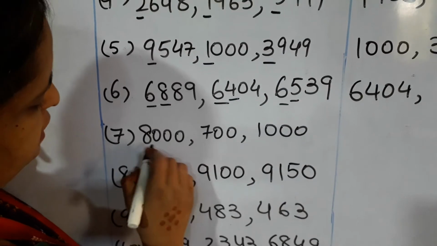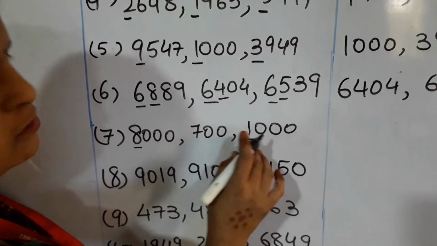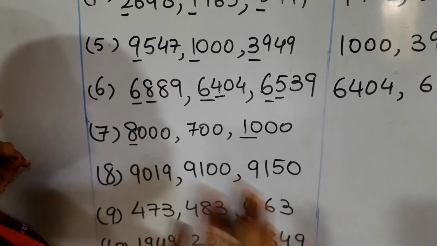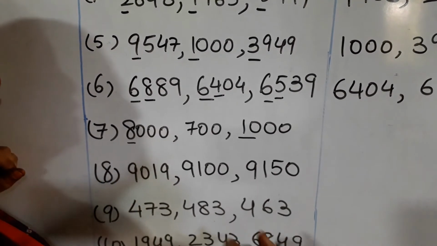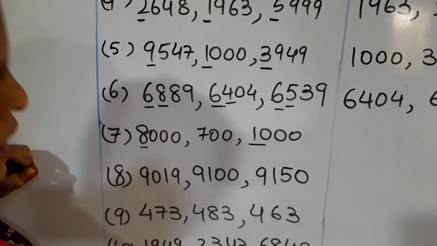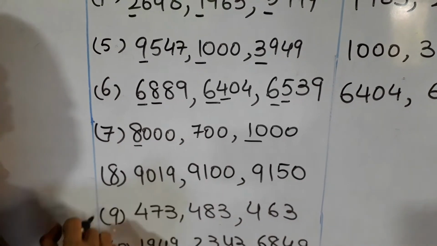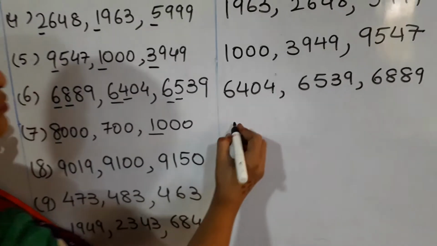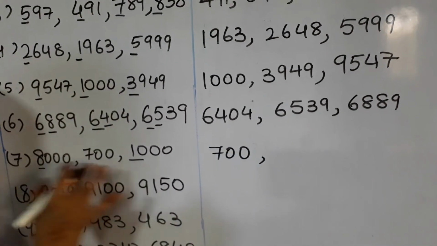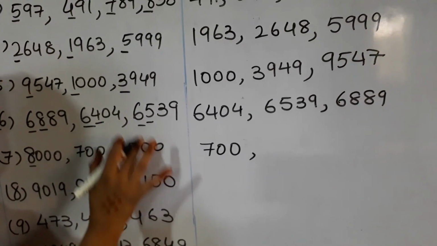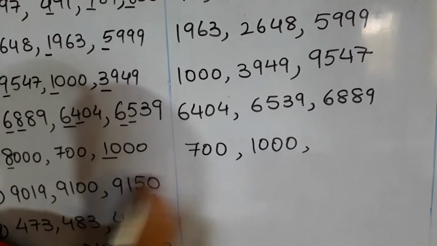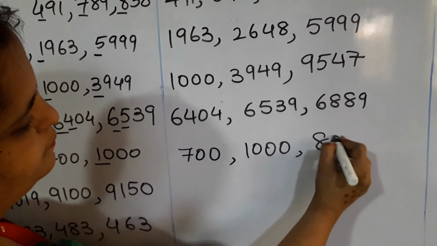Next here you can see here it is 8,000, here 700 and 1,000. If we will go with the 1,000 then 1,000 is the smallest number, but 700, 1,000 is bigger and 100 is the smaller. आपको मालूम है 100 छोटा रहता है और 1,000 से बड़ा रहता है. तो सबसे पहले सबसे छोटा नंबर कौन सा है? 700. So we will write here 700 and after that you can see in this both number 1 is the smallest number, so we will go for 1,000 and then 8,000.